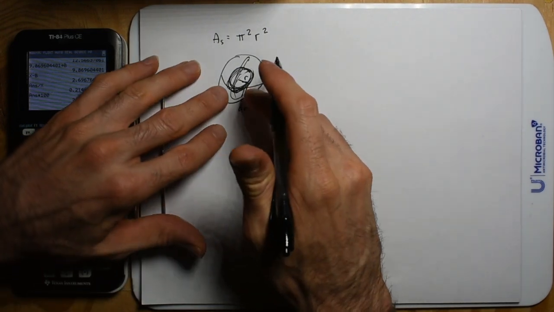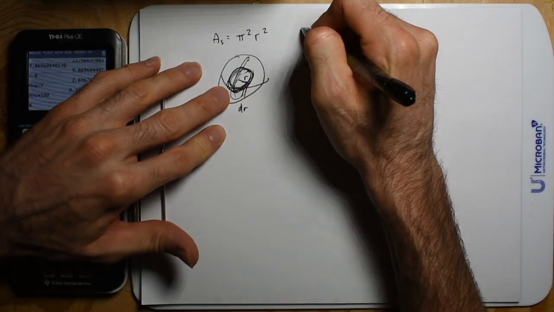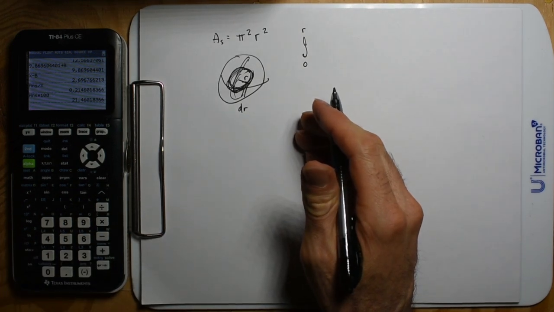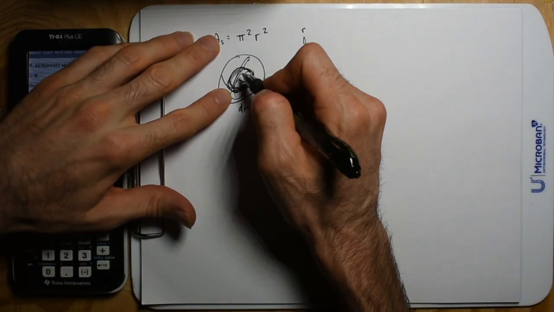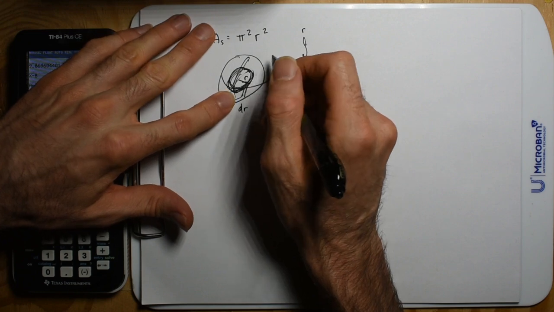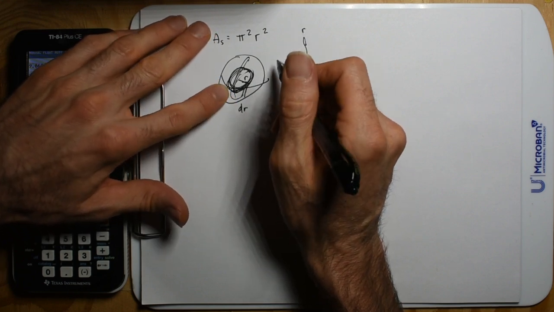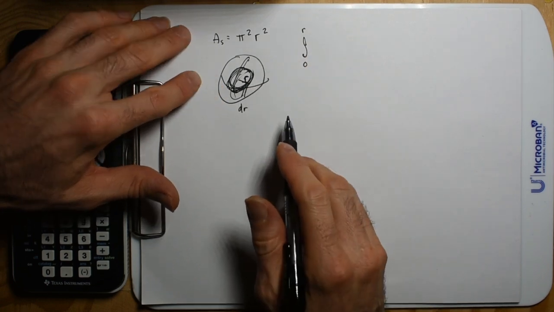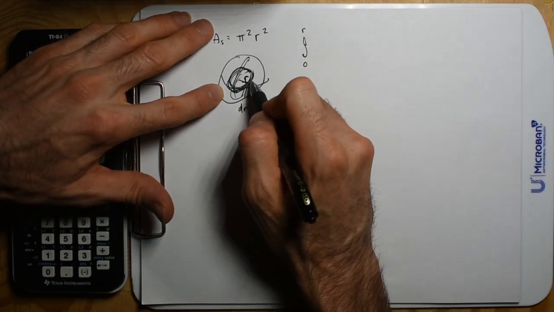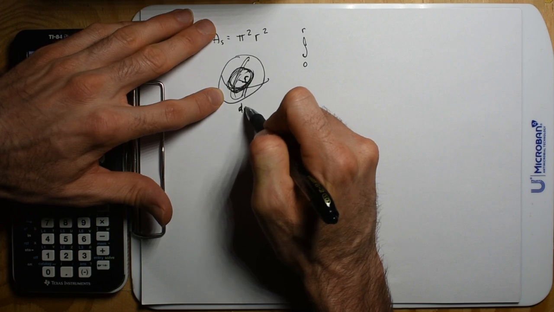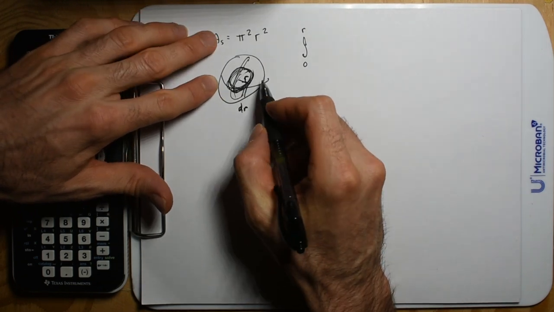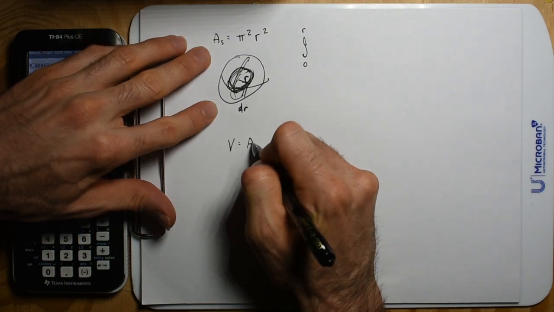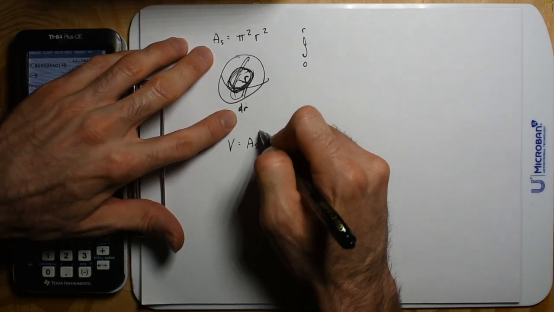And so now we have to integrate from 0 to r, and we need to figure out what that means. So the volume of that little circle is going to be the surface area times the thickness.